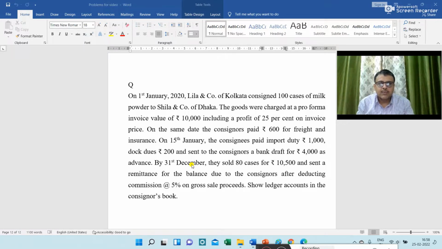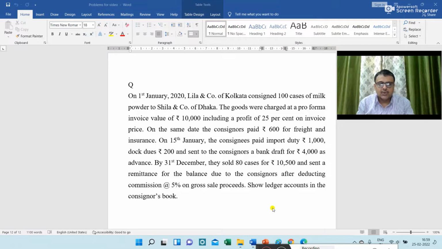On 15th January, the consignees paid import duty Rs 1,000 and dock dues Rs 200 and sent to the consignors a bank draft for Rs 4,000 as advance. On 31st December, they sold 80 cases for Rs 10,500 and sent a remittance for the balance due to the consignors after deducting commission at 5% on gross sale proceeds.